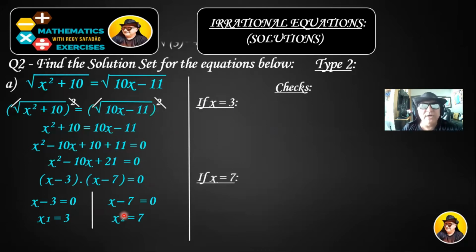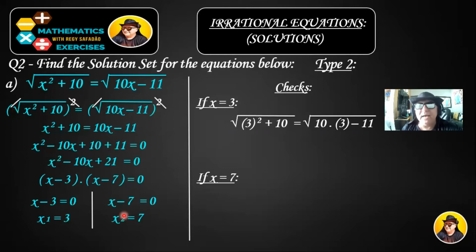All right, so we have to replace the values like this. So we have the square root of 3 squared plus 10 and the square root of 10 times 3 minus 11. Well, 3 squared is 9. So we have that 9 plus 10, and here 10 times 3 is 30.